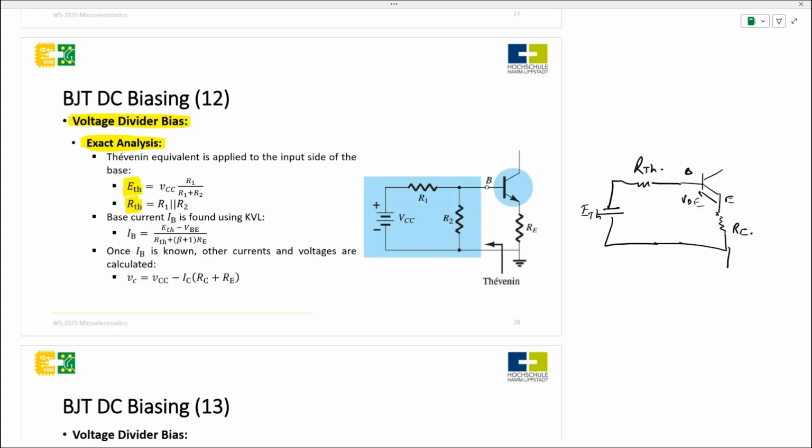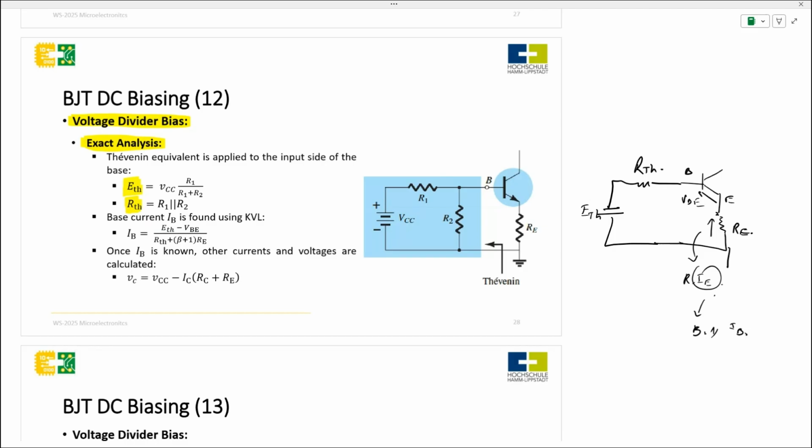And we already know RE, and we know that IE could be replaced by beta plus 1 IB. So let's continue our lovely equations.